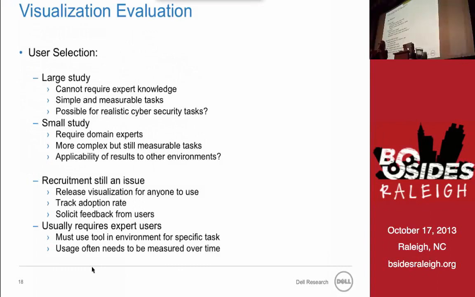And if you have a smaller number of users, how well does that actually work? If I have 5 people evaluate it and they happen to be friends of mine, can I then go and say this is going to work for, say, US-CERT? How is that actually transferable? Is there any way to show that it's transferable?